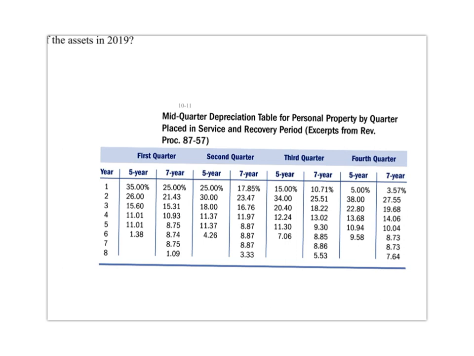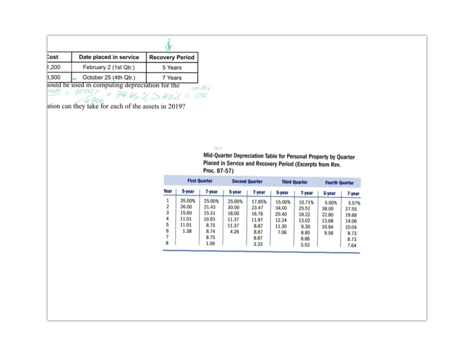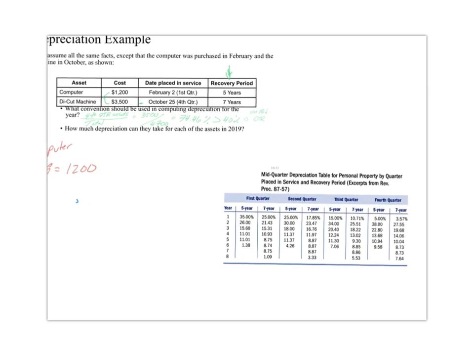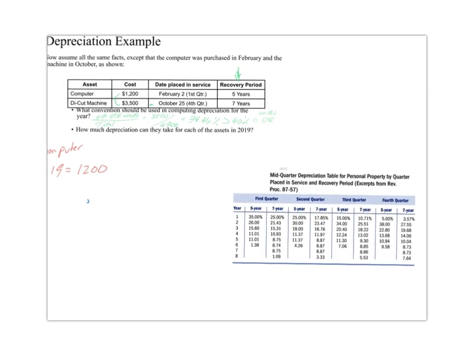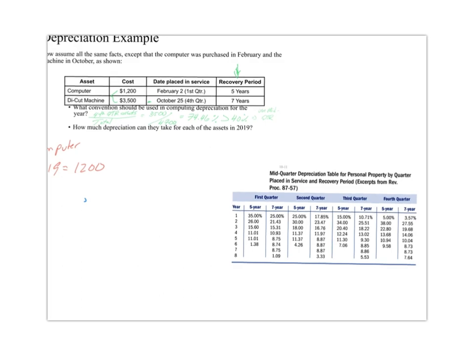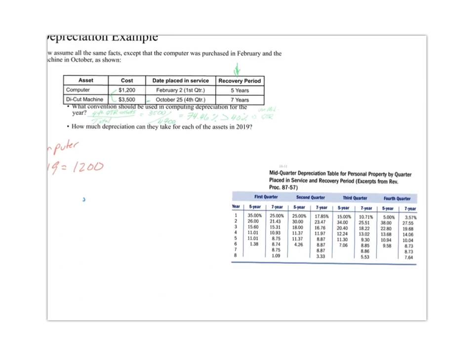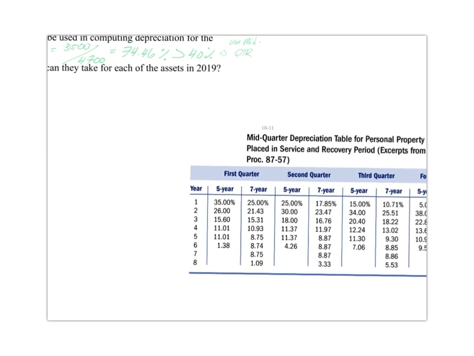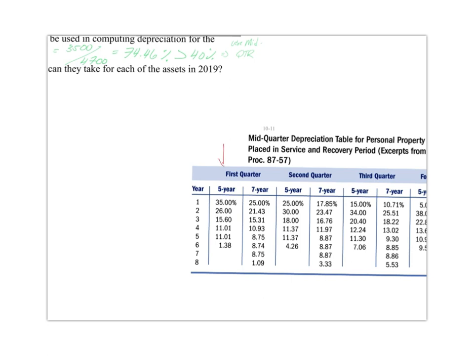And so now you have 2 things that you have to look at. You have to look at its recovery period, all right? And you have to look at the quarter that it was placed in service. So our computer was placed in service in February, all right, which is 1st quarter, and it's got a recovery period of 5 years. So the computer, we enter right here at this very first column.